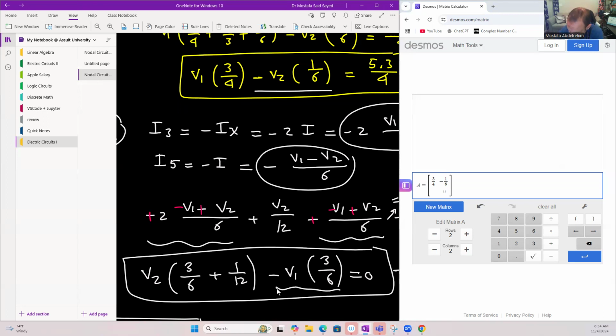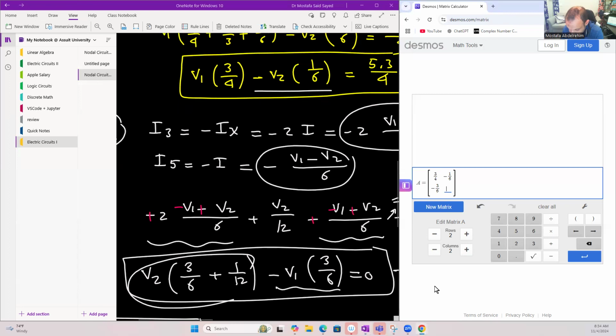In the beginning we put minus 3 divided by 6, then the right arrow 2 times to go to the next element, which is the coefficient of V2. You don't need to simplify this; you can just write it as it is, which is the beauty of using Desmos. 3 over 6, right arrow, plus 1 over 12. Okay, that's it. Then hit enter.